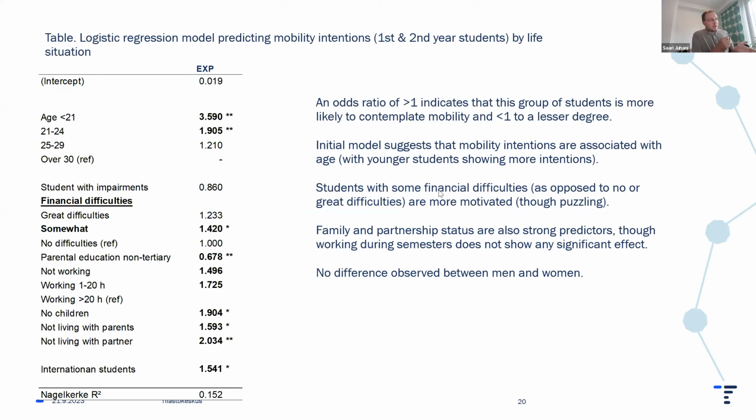The model suggests that students who are experiencing only somewhat financial difficulties are actually the most likely ones to contemplate international mobility. It's interesting that students who observe great difficulties or no difficulties are similarly likely to contemplate mobility, whereas the sweet spot seems to be in the middle ground.